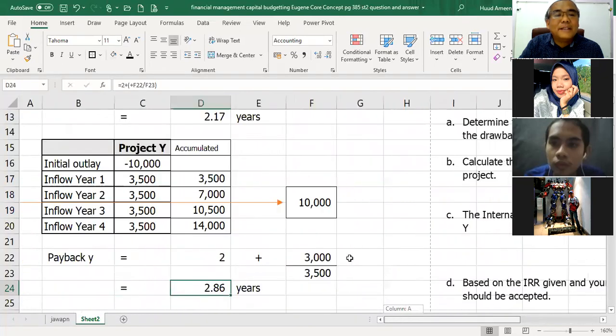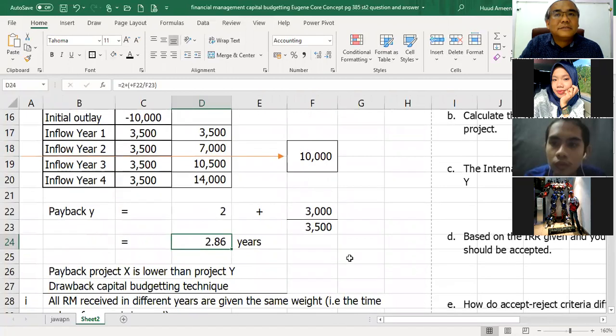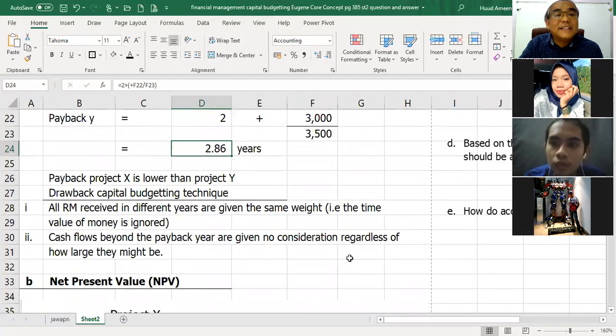So what is drawback? Disadvantage of the payback capital budgeting technique. All RM received in different years are given the same weight. That is, the time value of money is ignored. Ignore, what is the meaning of ignore?